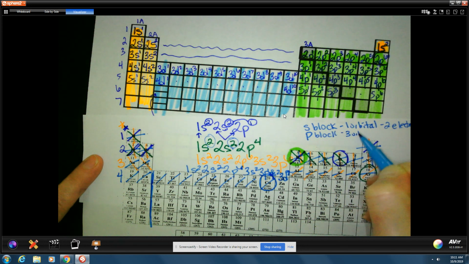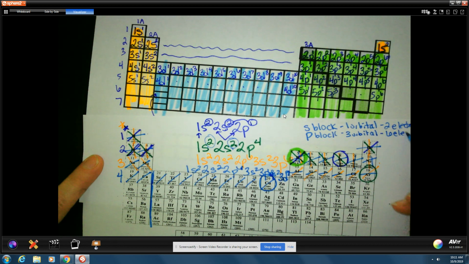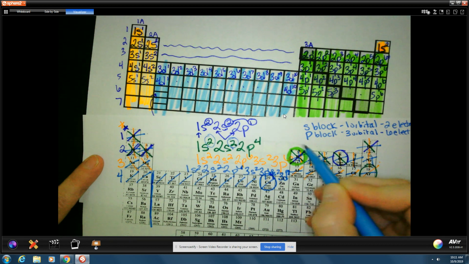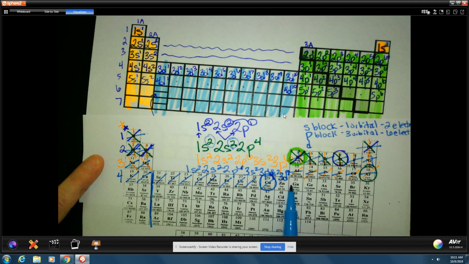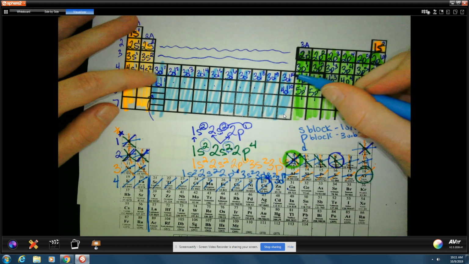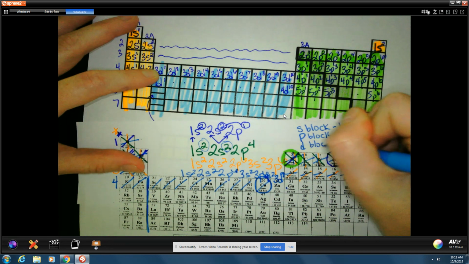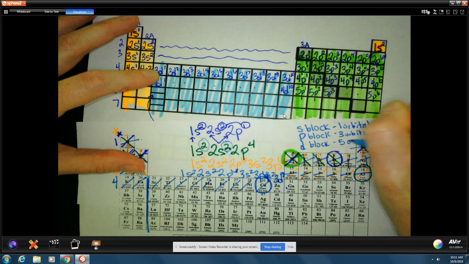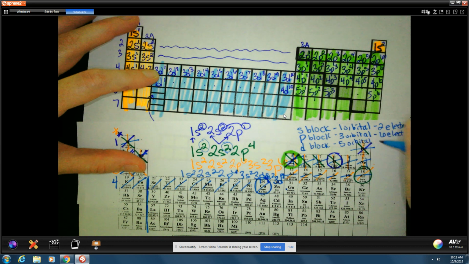There's 3 orbitals. Each orbital holds 2 electrons. That's why I can have 6 electrons. In the D block, there's 10, which means I can have 10 electrons. And because each orbital holds 2, I have 5 orbitals. Write this down.